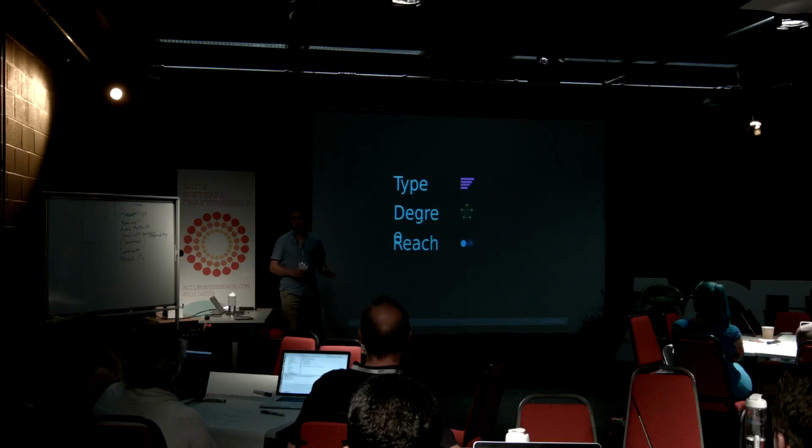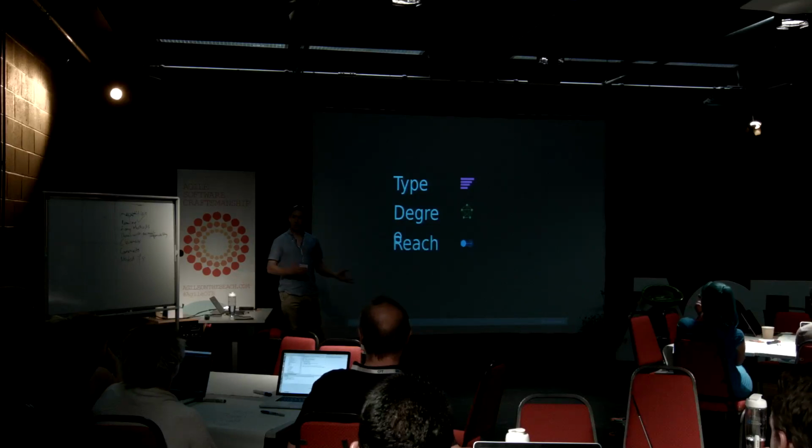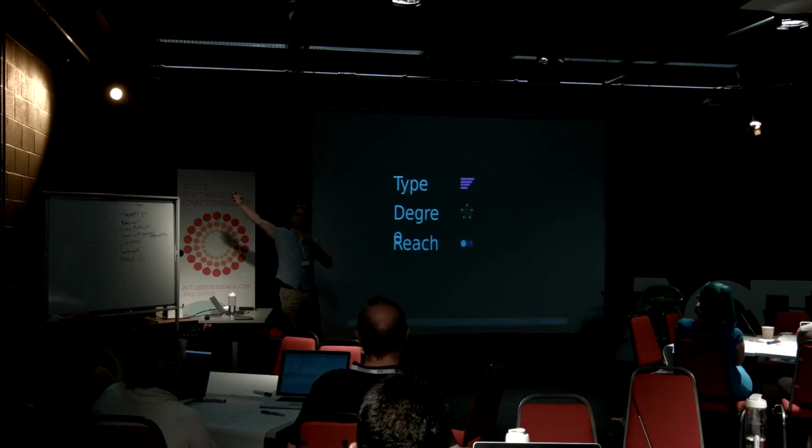Finally, the reach is really interesting because the reach is saying how many boundaries in the code base do we need to cross to get there, yeah? So within a package, we want things to be nice and cohesive. It's okay to have a bit of coupling within a package, but if one package is connected across the whole code base to another by internal things, then it's not so good.